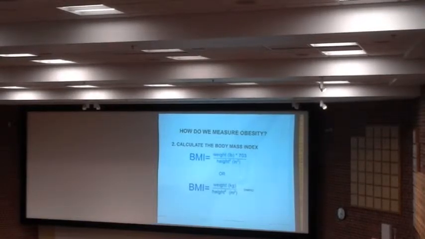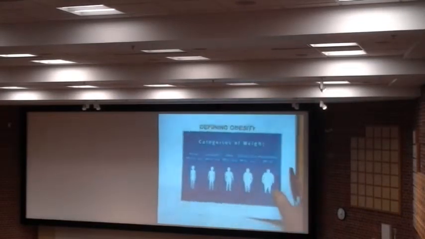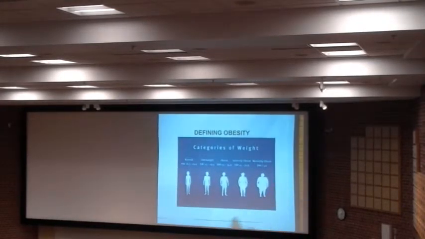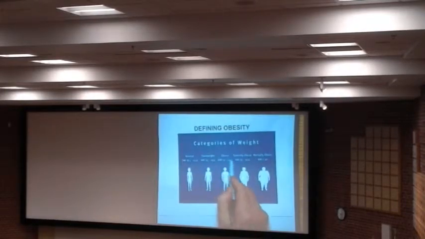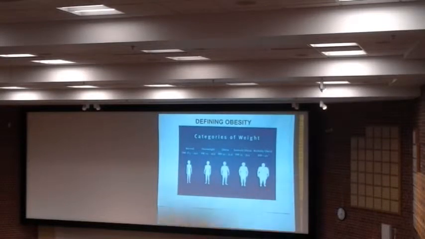And the numerical value of the BMI is used to determine whether one is normal. Well, that normal is pretty thin to me. Overweight, obese, severely obese, or morbidly obese, based on the value of the BMI that could be very easily calculated.